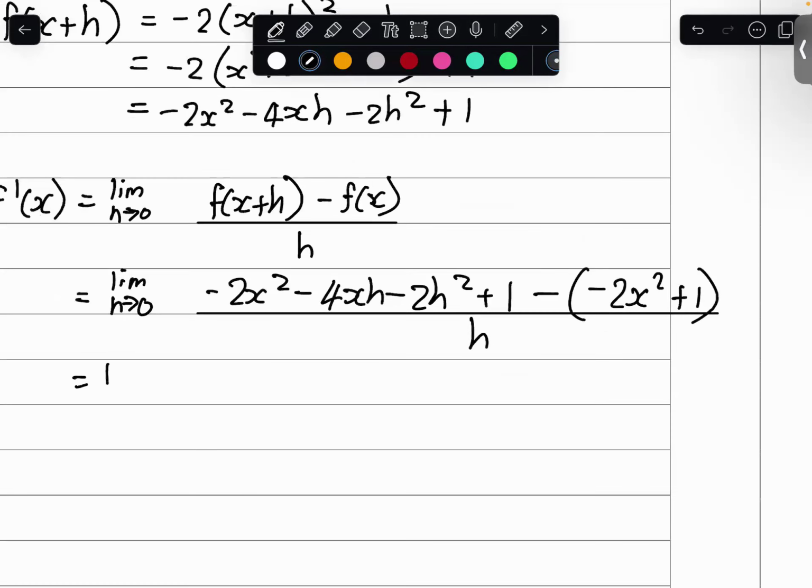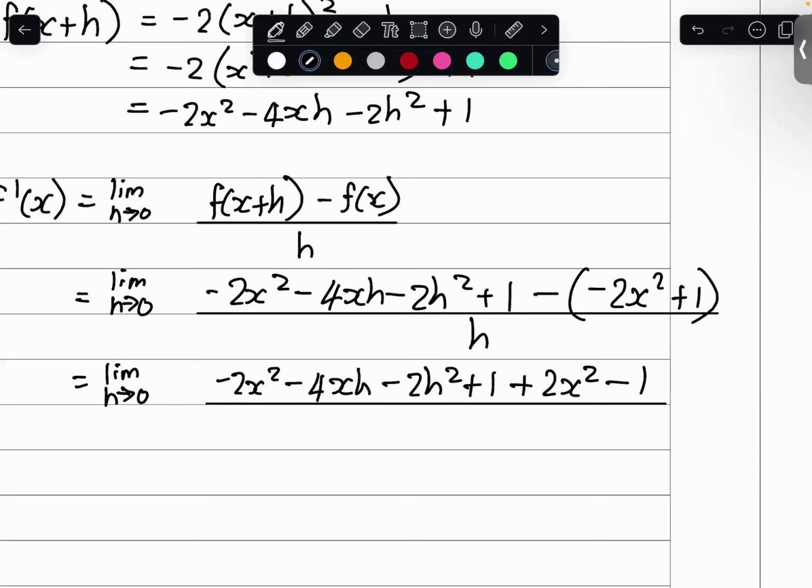Right. Keep bringing down the limit until you sub h to be 0. So this gives me minus 2x squared minus 4xh minus 2h squared plus 1 minus, that gives me a positive 2x squared minus 1 all over h. Minus 2x squared plus 2x squared cancelled, plus 1 minus 1 cancels.